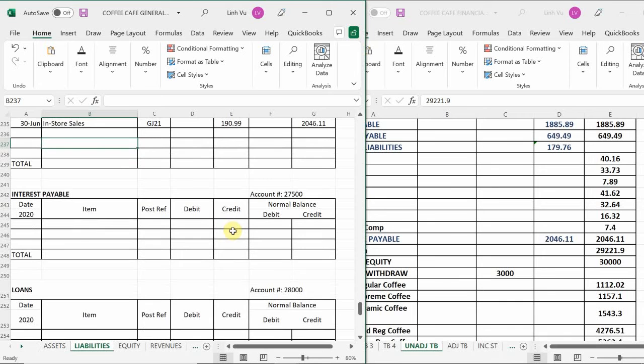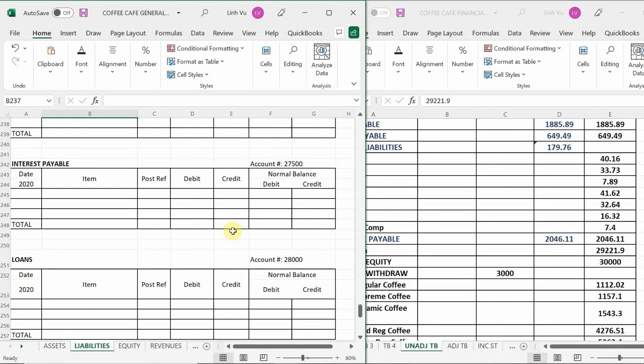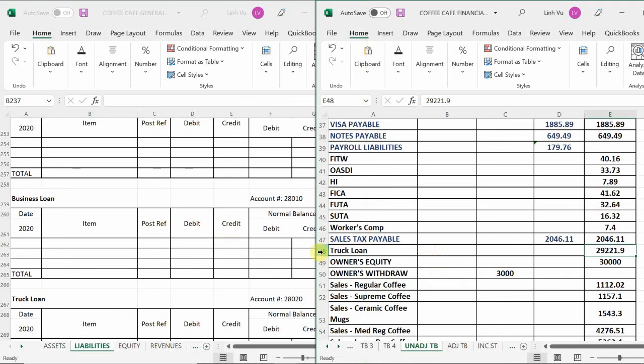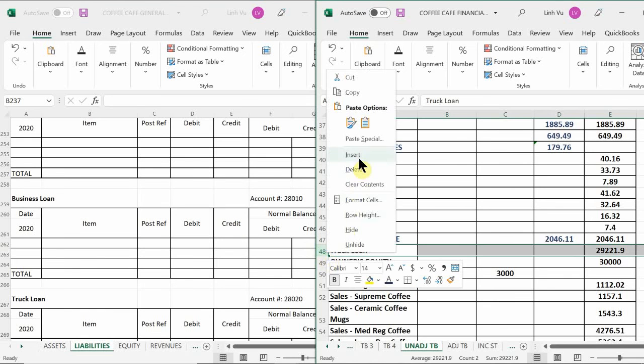Interest payable, we haven't calculated that yet. And then we have loans, which is consisting of bank or business and truck loan. So I'm gonna insert loans here.